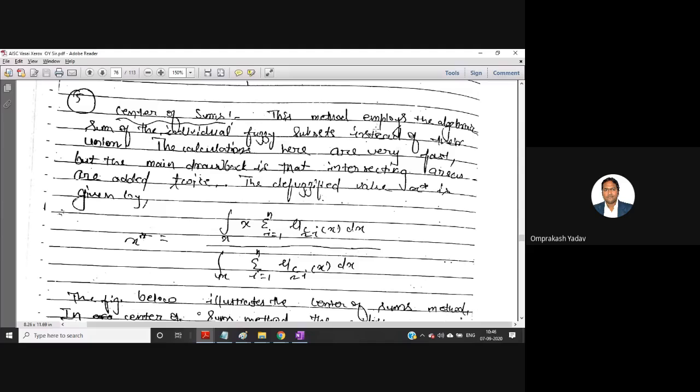Now this method employs the algebraic sum of the individual fuzzy subsets instead of their union. So this method is applicable to what?